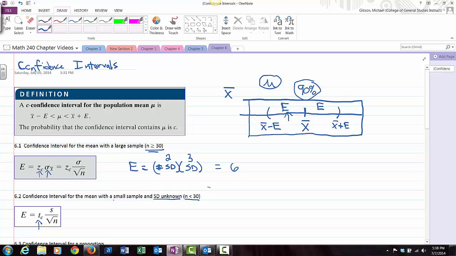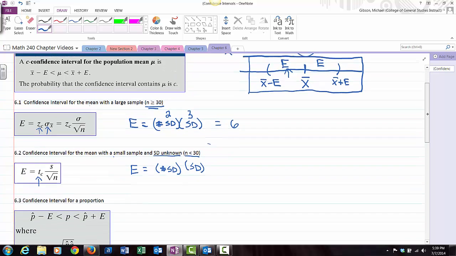This uses the t-distribution to get a count for the number of standard deviations. So again, the margin of error is the number of standard deviations that you need to match up with whatever level of confidence you want, times the standard deviation.